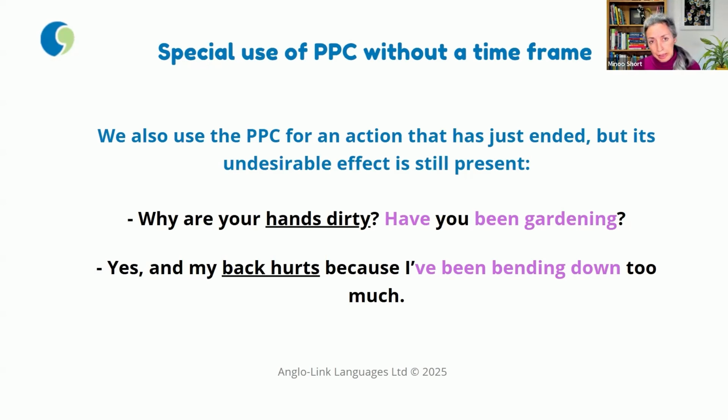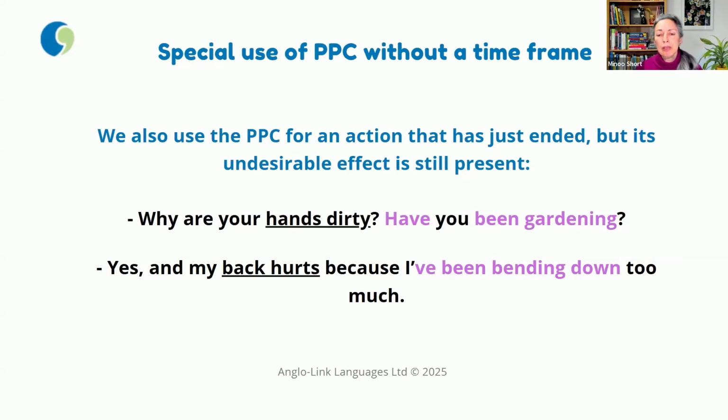Have you been gardening? They're not gardening anymore, but they have just stopped, and because of that, their hands are still dirty. And they can answer, yes, and my back hurts because I've been bending down too much. They're no longer bending down, they've stopped that, but the result, the outcome, which is unwanted, is here. So don't be surprised if you sometimes hear this tense, present perfect continuous, for an action that has already stopped.